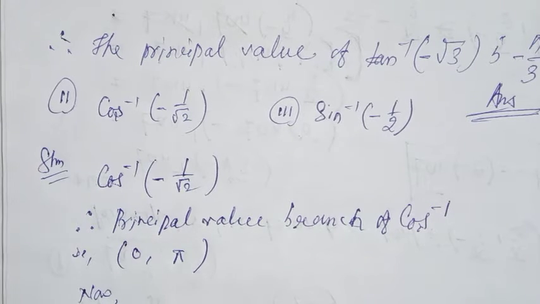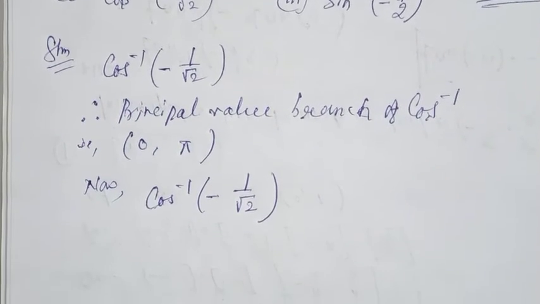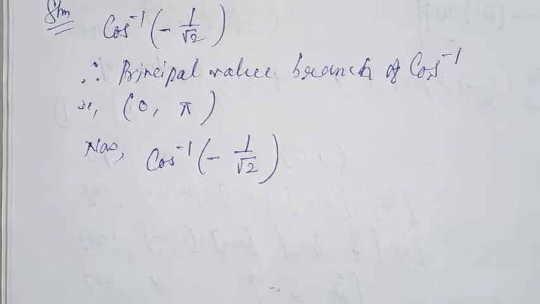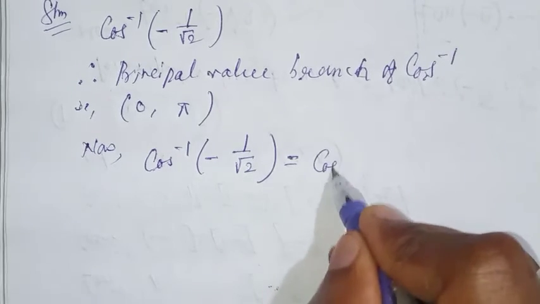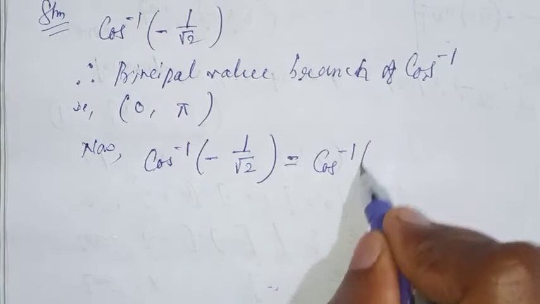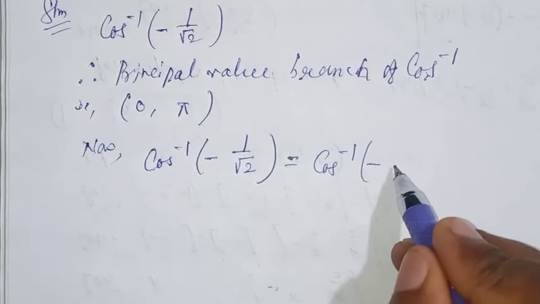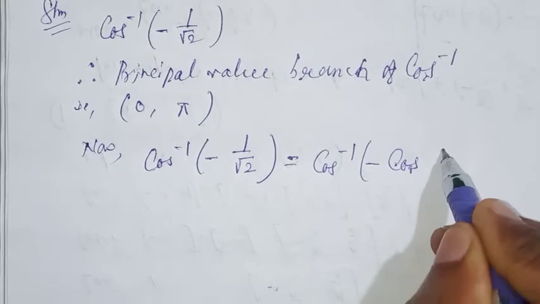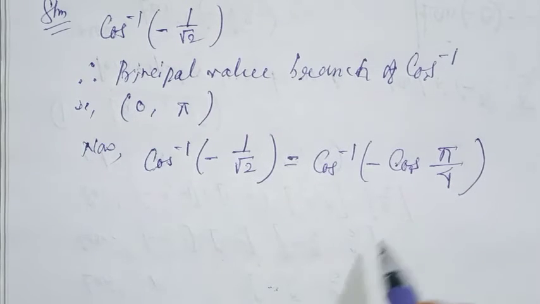You have to go through the question, cos inverse minus 1 by root 2. That is equal to, you can write, cos inverse minus cos pi by 4, that is 45 degree.